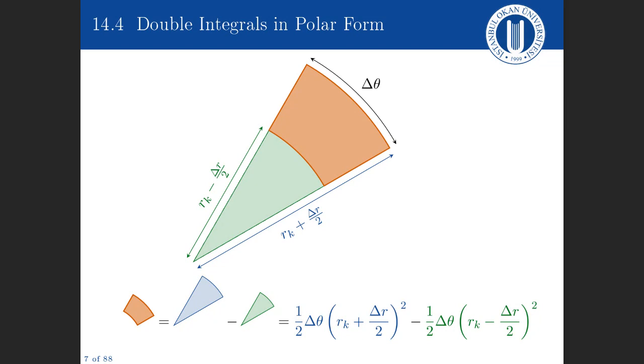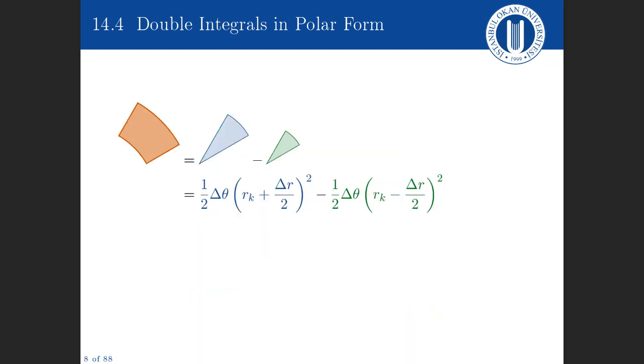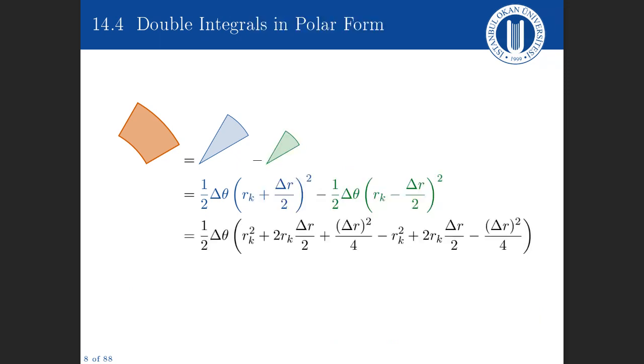Let's play with this. I'm going to multiply out the brackets, and then I'm going to cancel some terms. Half delta theta, and then rk squared plus 2rk delta r over 2 plus delta r squared over 4, minus rk squared plus 2rk delta r over 2 minus delta r squared over 4.